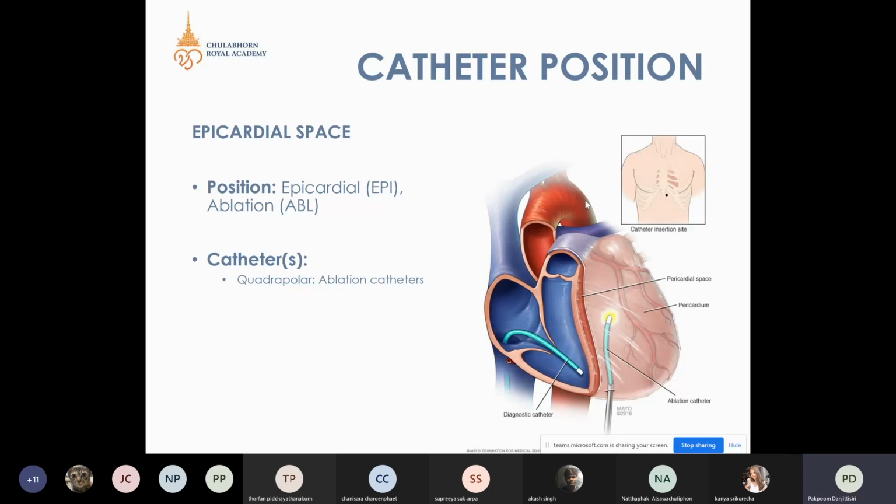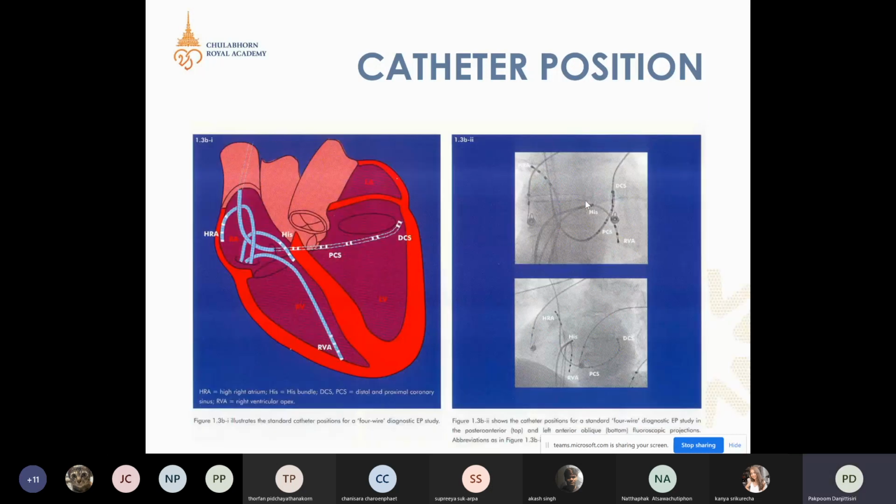And ablate and do ablation on the epicardium. Okay. Well, on the catheter position, when we see on the fluoroscopic images, you can see like this.